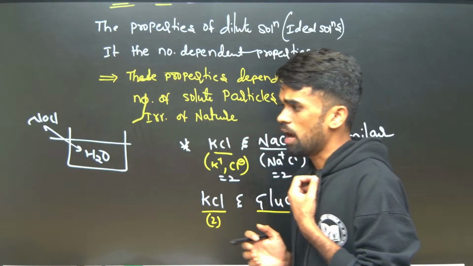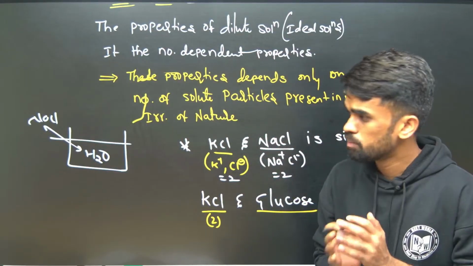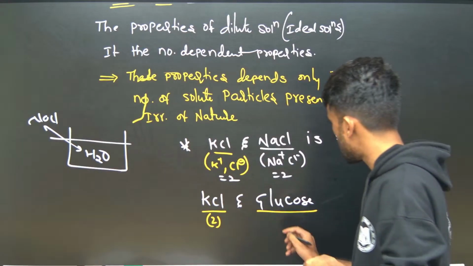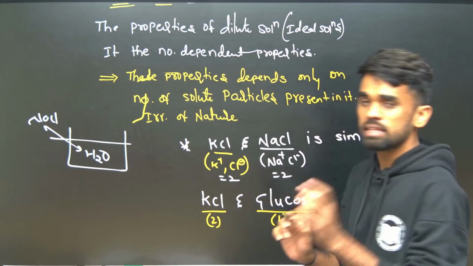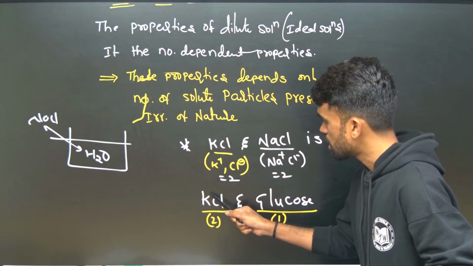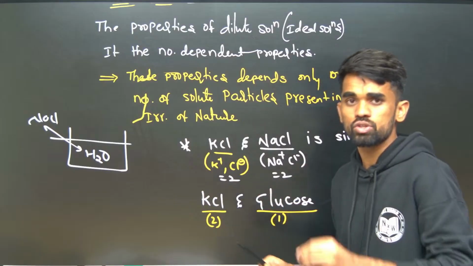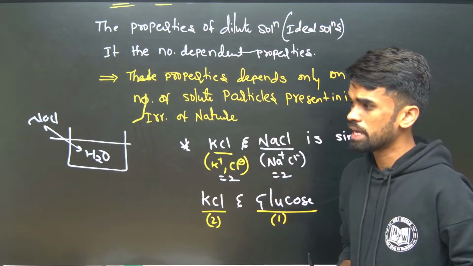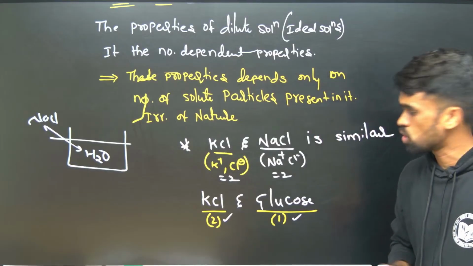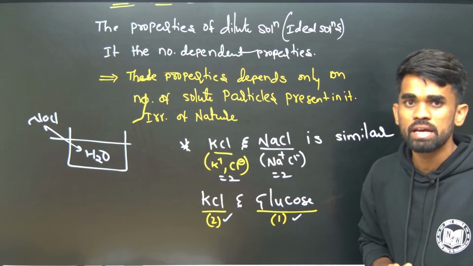However its molecular weight is greater, but it won't dissociate. Therefore it has only one particle, the complete molecule is considered as one particle, whereas KCl upon addition to water dissociates to K plus and Cl minus, giving 2 ions, whereas here only 1 particle. So colligative properties in this case will be different.